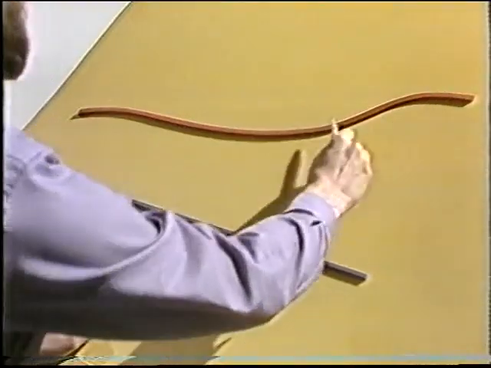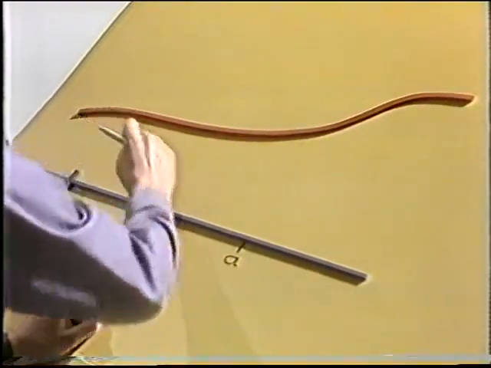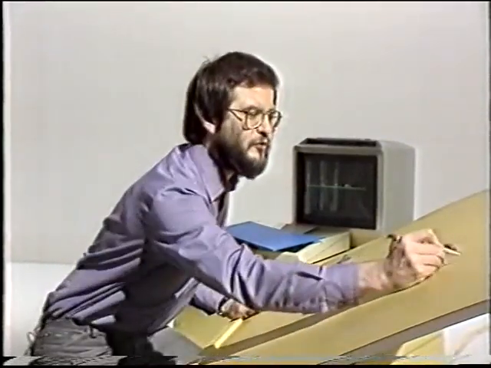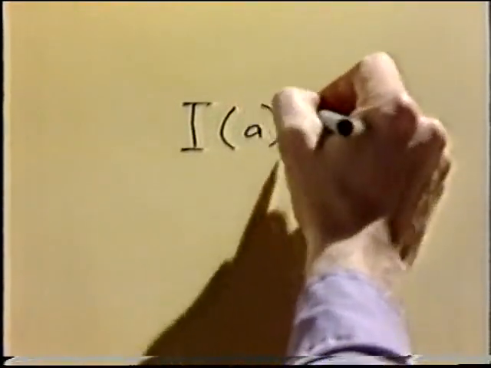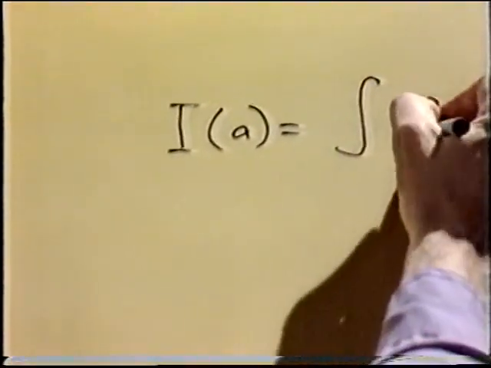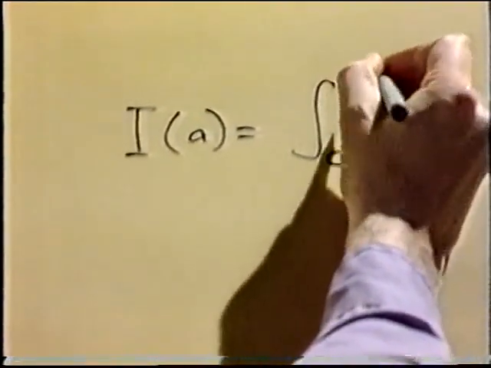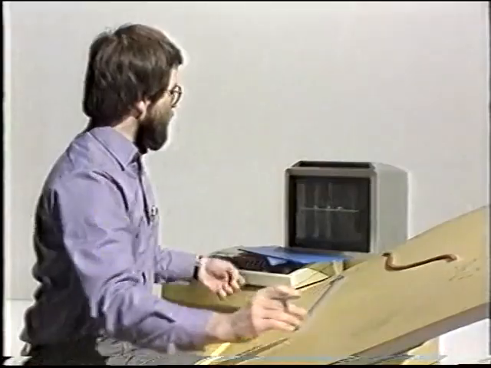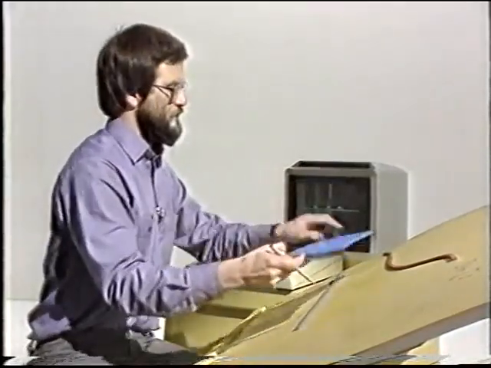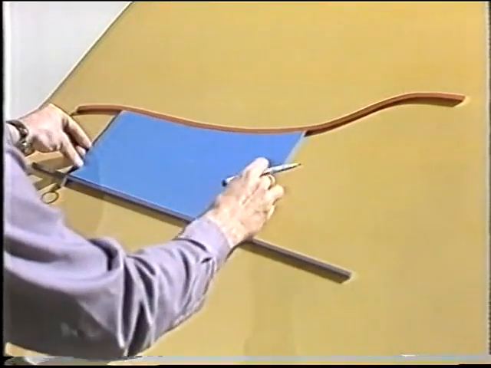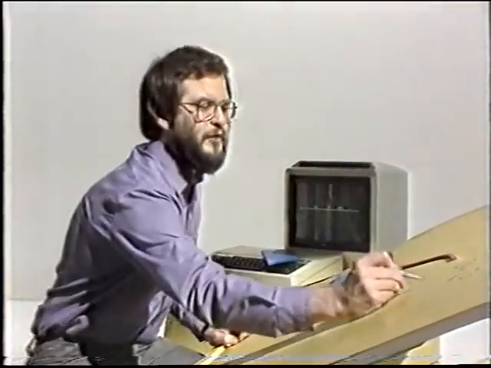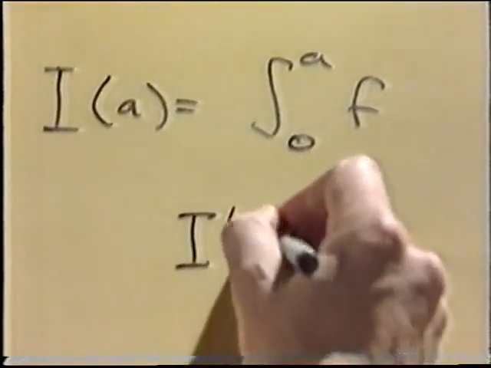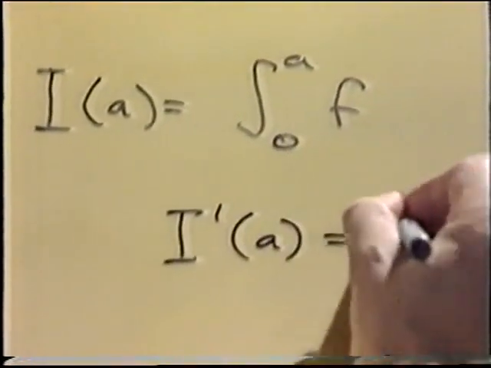Well, here's a graph of a function f. Just as for the cos function, we've got the integral from 0 function I, which is I of a equals the integral of f from 0 to a. And that corresponds to finding this. Now, what we'd like to prove is that I prime of a is equal to f of a.